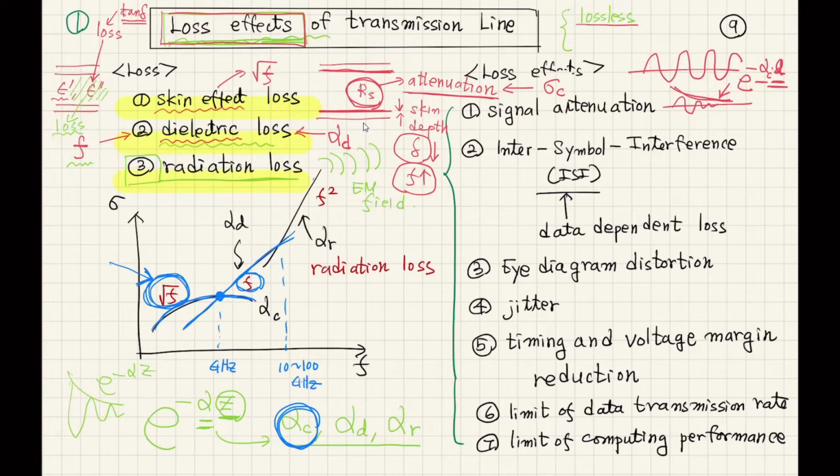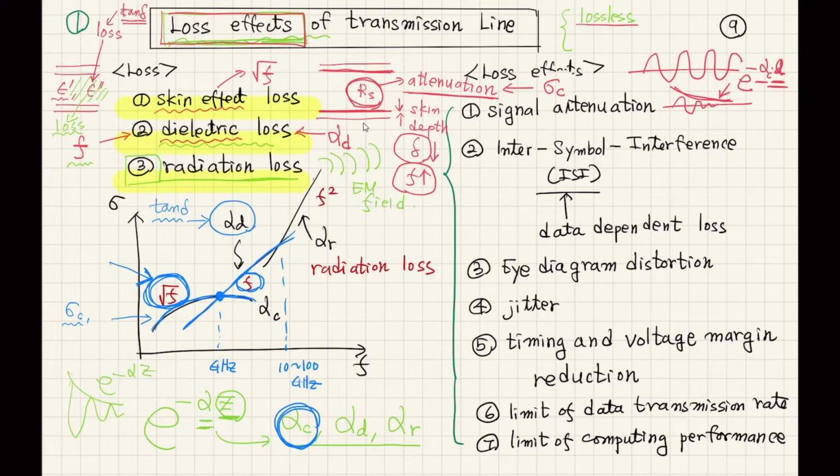However, above certain frequencies, the dielectric loss is dominant. As I mentioned previously, this dielectric loss will be represented by the loss tangent of your dielectric material, and this skin effect loss will be related to the conductance of your copper and so on, and the dimensions of your transmission line.